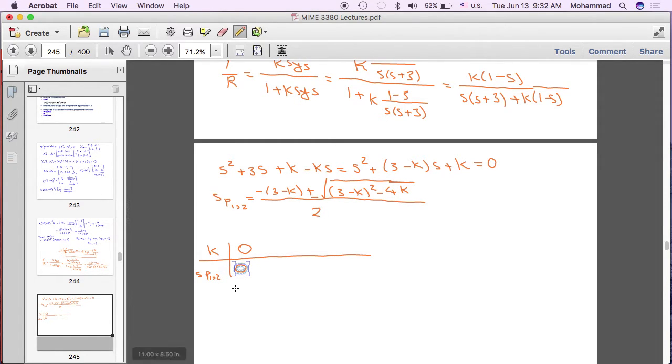So you have two poles, 0 and minus 3. And that's expected. When K is 0, you get the poles that are exactly the open loop poles. So let's go ahead and calculate K of 1. Maybe you need to use your calculator here to quickly calculate these.